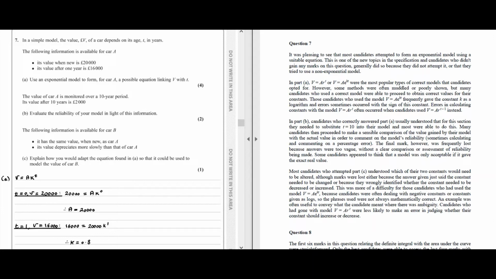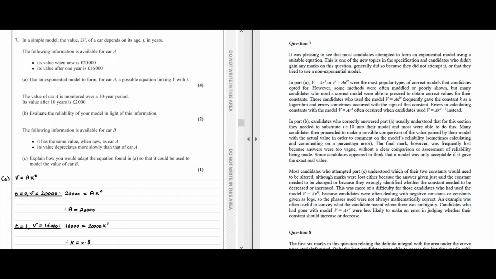For part A, v equals a r to the power of t or v equals a e to the power of kt were the more popular types of correct model that candidates opted for. However, some methods were often muddled and poorly shown, but many candidates who used a correct model were able to proceed to obtain correct values for their constants.